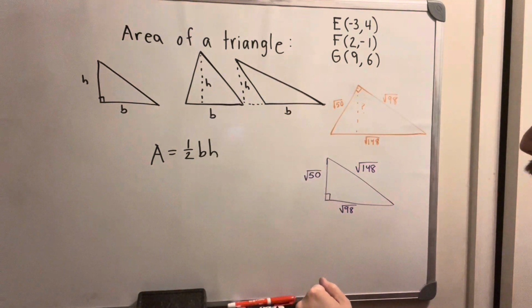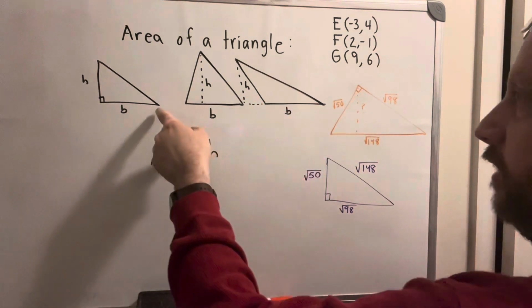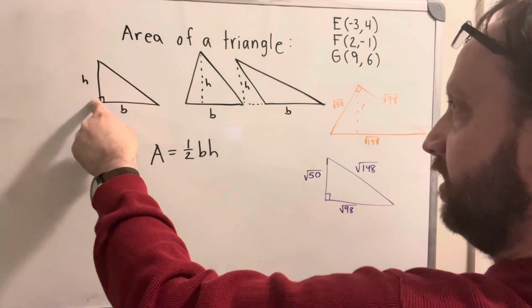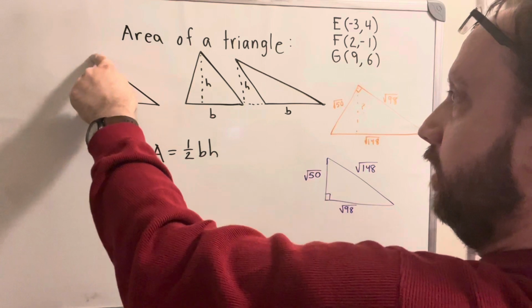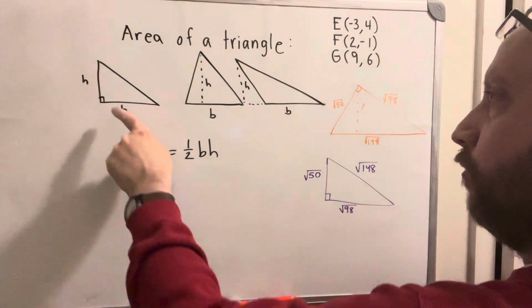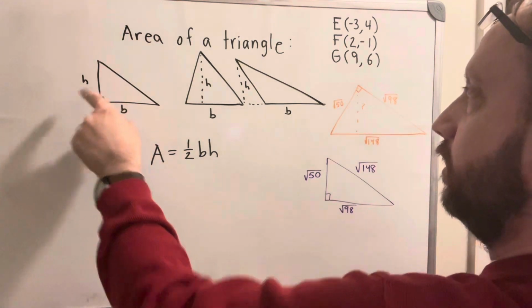And then the total height is h here. See how you can have any kind of triangle. This one happens to be a right triangle where the height is the same as the side because it's perpendicular to the base. In this formula, the area is 1/2 base times height.